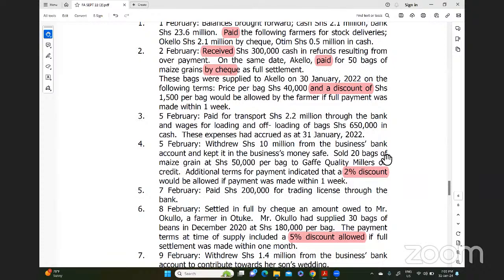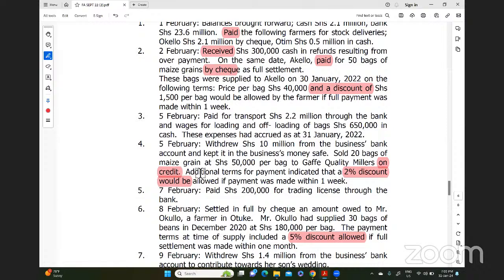Sold 20 bags of maize grain at shillings 50,000 per bag to Gaffey Quality Millers on credit. Additional terms for payment indicated that a 2% discount would be allowed if payment was made within a certain period.